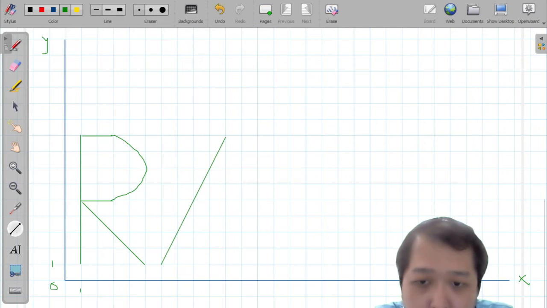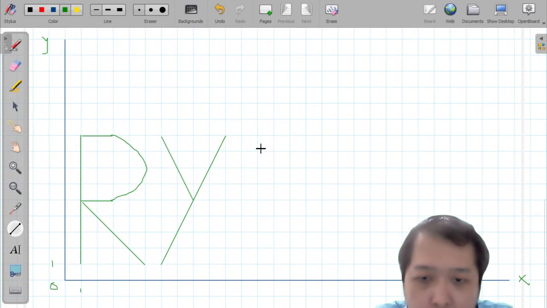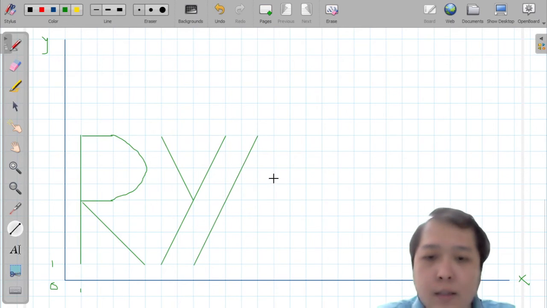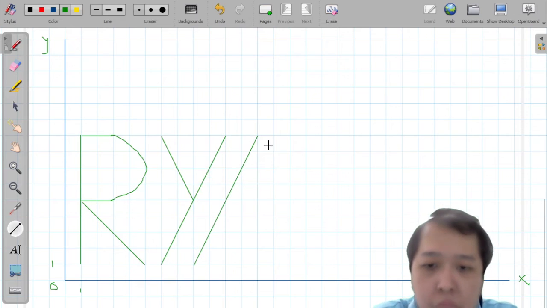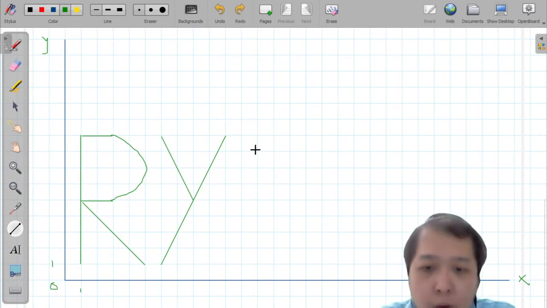Now let's draw a Y in here. Pretty simple. Okay, that's nice. And now A maybe here. Let it be here, so the distance between letters. Okay, I guess. Oh wait, this is wrong.